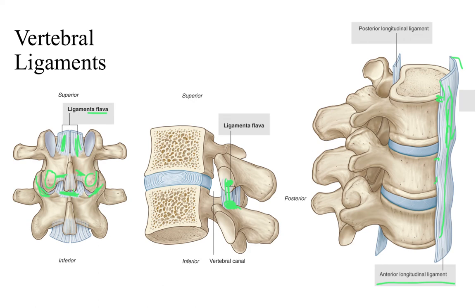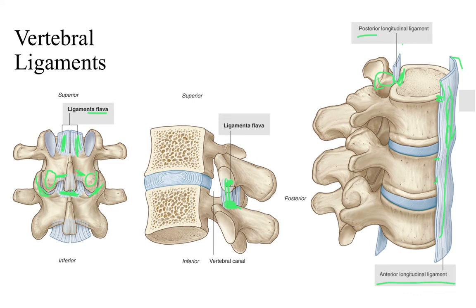So this ligament is physically attached to each vertebra. And then we have the posterior longitudinal ligament. And notice that the posterior longitudinal ligament runs along the posterior portion of the body of each vertebra, again connected to each one of the vertebrae, between the body of the vertebra and the layers of the dura of the spinal cord, the protective layers of the spinal cord.